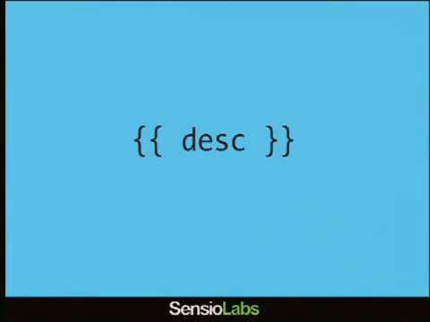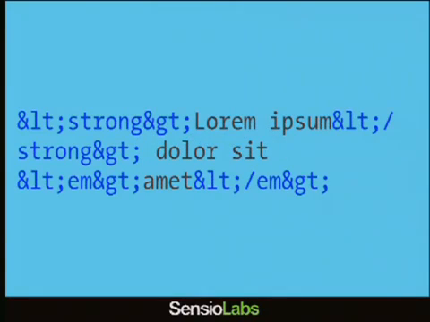So when I want to output this description, here is what TWIG is going to do by default, right? As you can see, all the tags are now escaped. That's because TWIG tries to be as secure as possible by default. Instead of asking the developer, the web designer, to actually escape the variables when he outputs them in a template, we do that for him by default. But, there is a but.